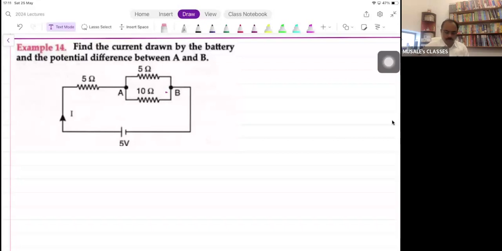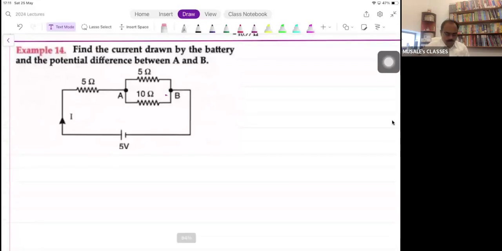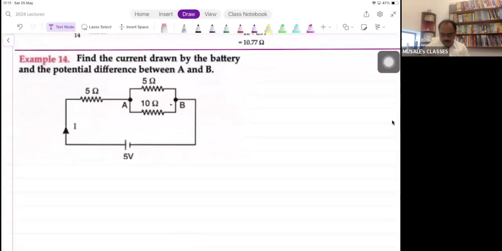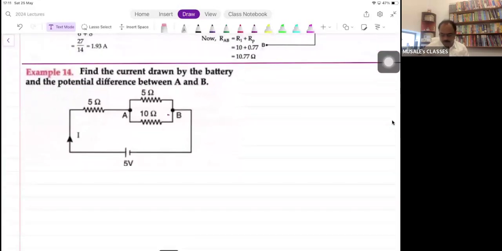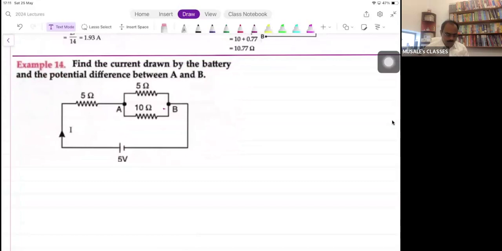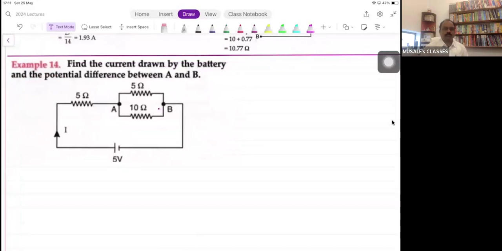Write down this question. ज्यांनी सोडवला असेल उत्तमच, नसेल सोडवला help yourself. What is asked? Find the current. So how much is the current?